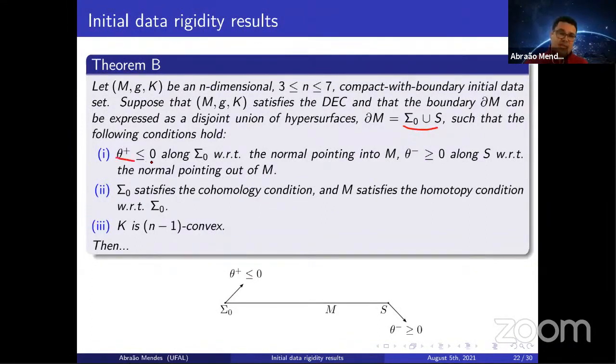So the first one is exactly the same as in theorem A. The second one is a little bit different because in theorem A, we suppose that theta plus is non-negative. Here we are assuming that theta minus is non-negative. And the second condition is exactly the same. And the third one, the extra condition, is that K, the tensor, is n-1 convex.